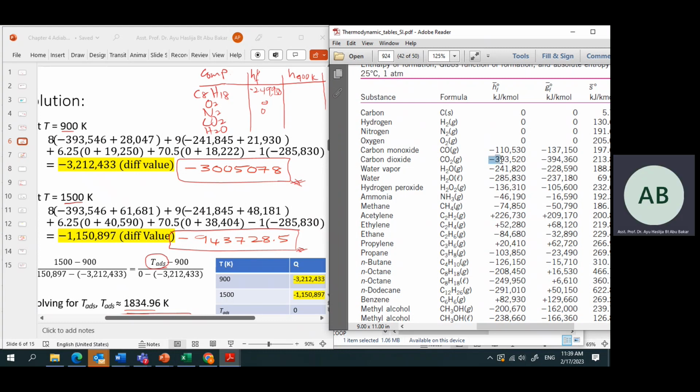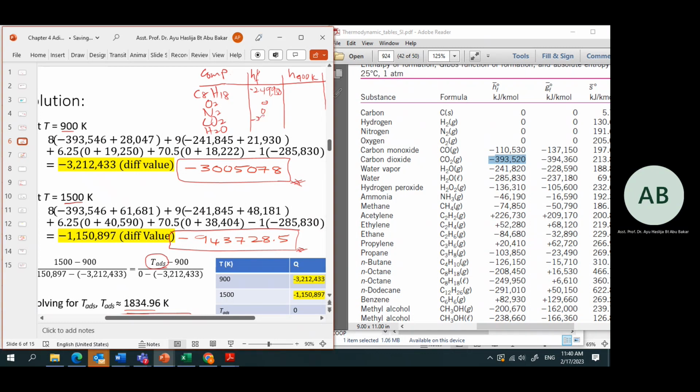Okay, HF for CO2 is 393520. H2O, assume vapor. Once you determine all the heat of formation, find out the enthalpy at 900 for each component.